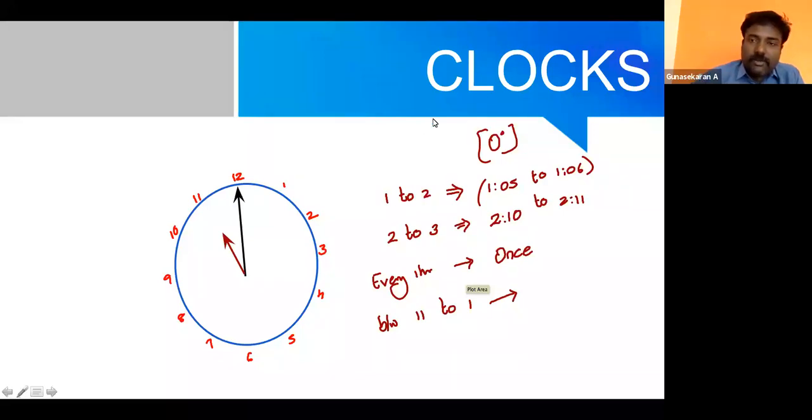At 12 o'clock, one time it will happen. Fine. Then 1:05 is actually between 1 to 2, right? Why are you adding that? Between 11 to 1 only is my question. One time is 12 o'clock, 0 degree. At 12 o'clock, what is the angle between the minute hand and hour hand? 0 degree.